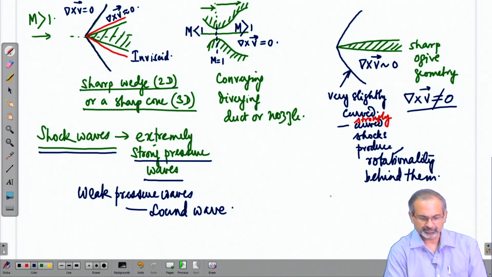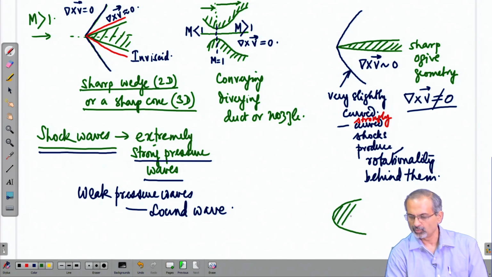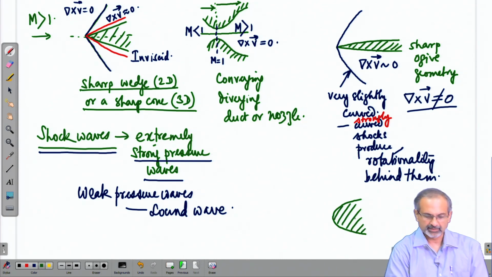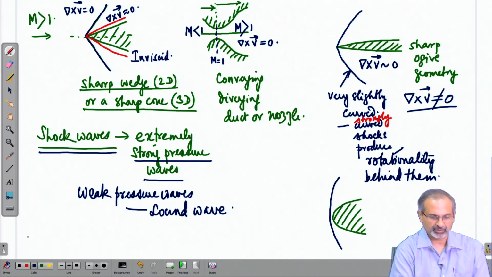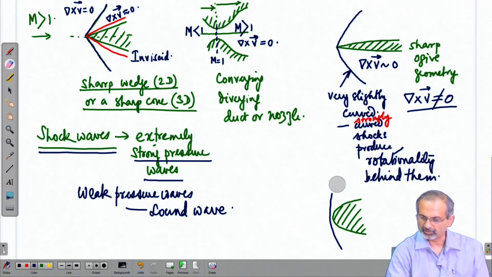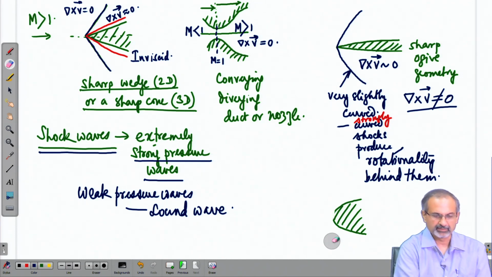So, what makes the shock more curved? If you had made the obstacle more blunt, then this would have produced a highly curved shock. Of course, the shock will not be so close to the body. Let us redraw it.